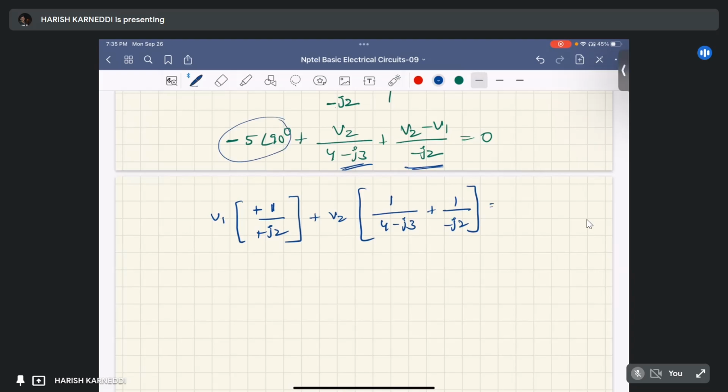We can send this term to that side. It will become 5 at an angle of 90 degrees. This minus will be cancelled.